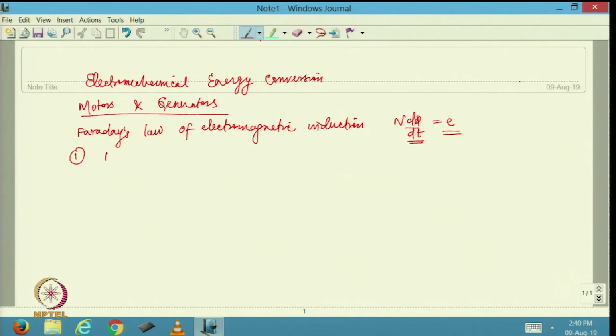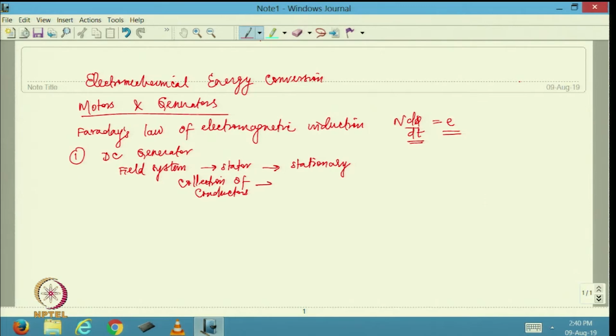For example, if you look at a DC generator, what we have is a field system in the stator, that is, the magnetic field is created in the stator. So the magnetic field is stationary. Because of which we are going to have a bouquet of conductors, or a collection of conductors, which is known as the armature.